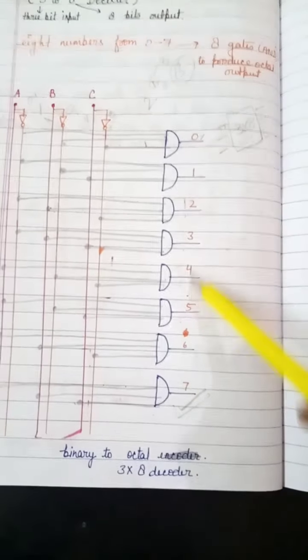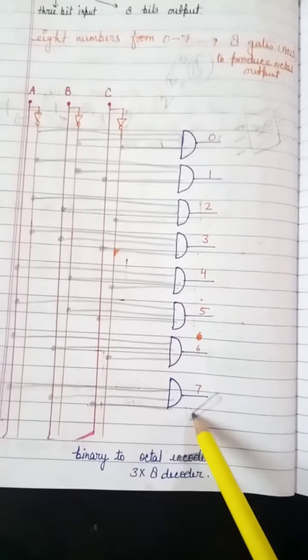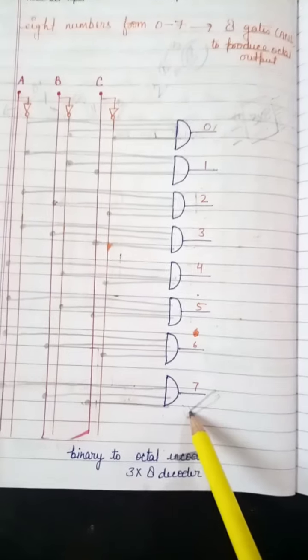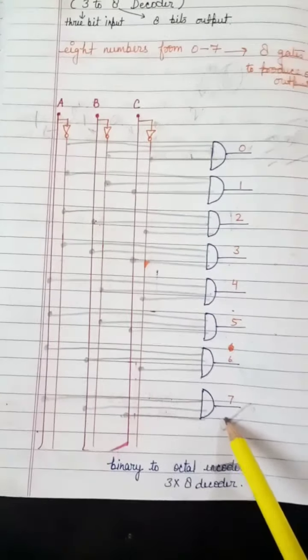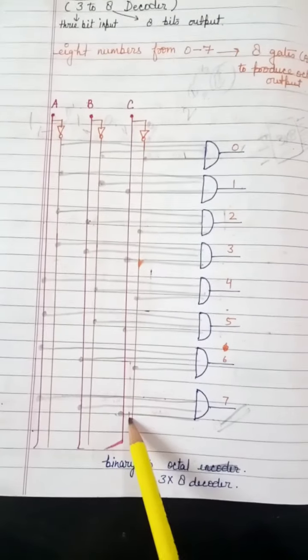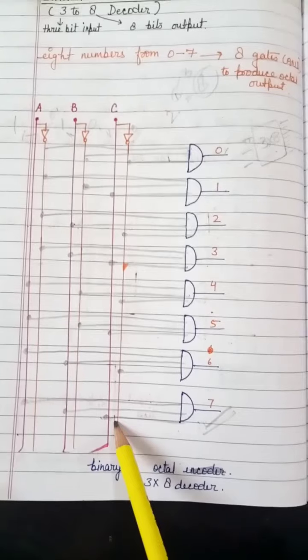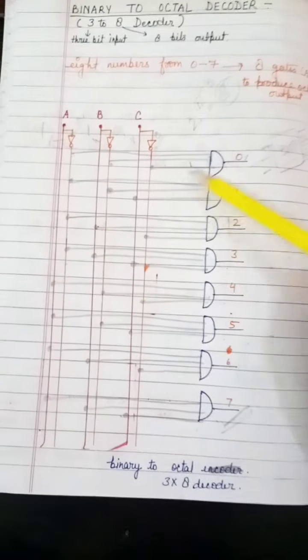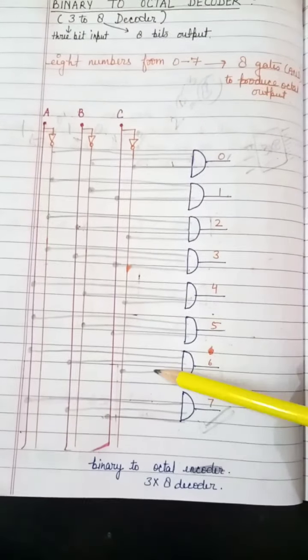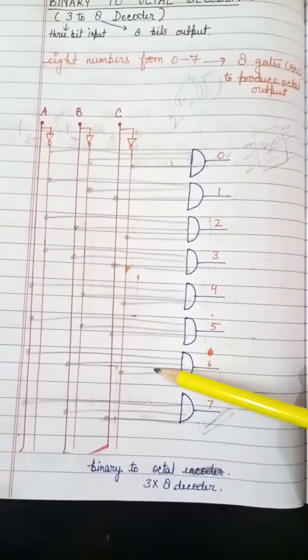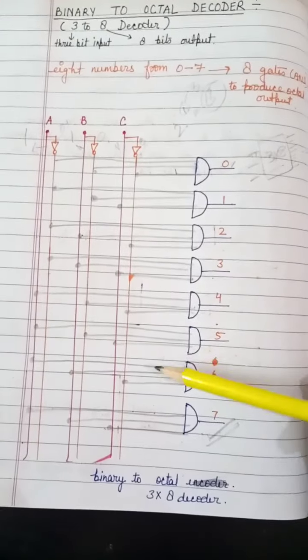The rest will be low. Only this will produce a high output because only this gate receives all high input signals. One or more input signals to the other AND gates will remain 0.